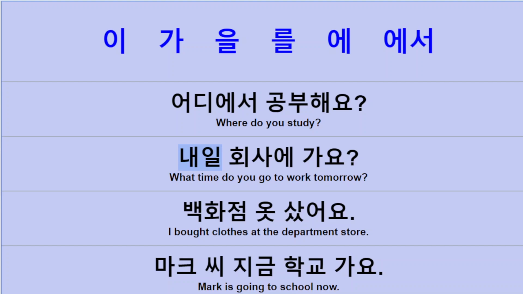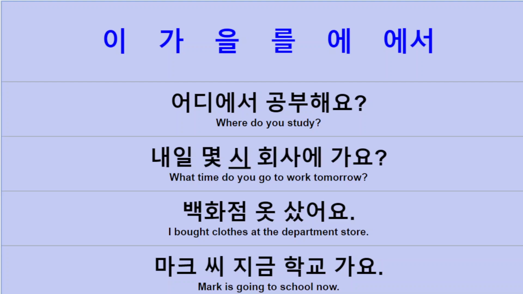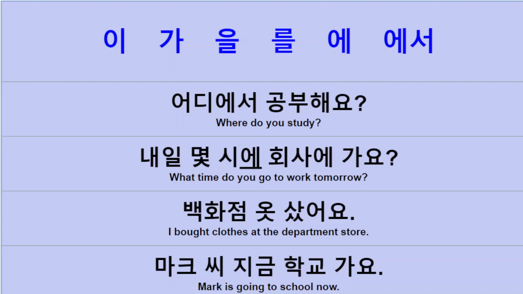Like in English, right? You don't put any particles for today, yesterday, tomorrow. Same here. But there was 몇 시, right? So I need to put the time particle at the end of the final time phrase.